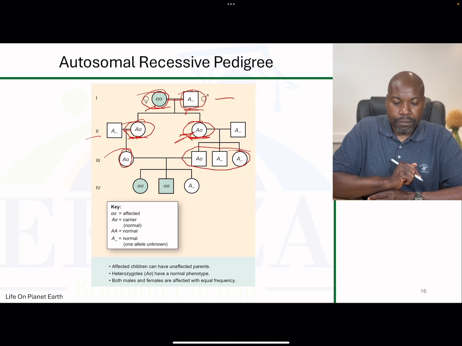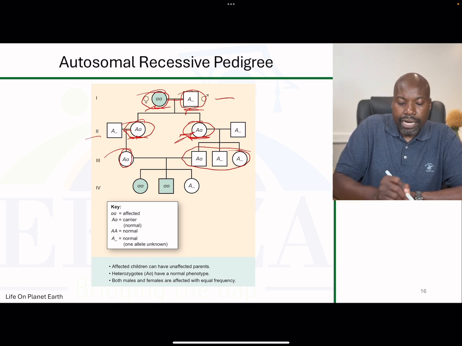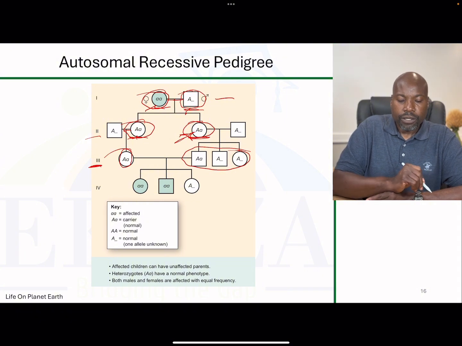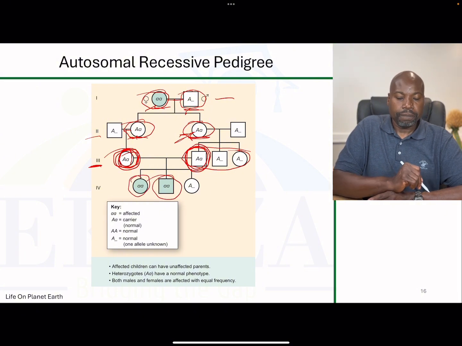However, what we do observe is that in the third generation, when this individual has children with this individual right here, many children are affected.